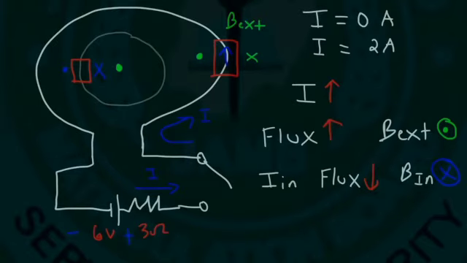And therefore, it must be opposite to this one, because the direction of the X and the dot, actually no, it's in the same direction, because in both cases the X is on the right side and the dot is on the left side. So therefore, this must be going up. So the current is traveling in the clockwise direction. So that's the direction of the induced current.